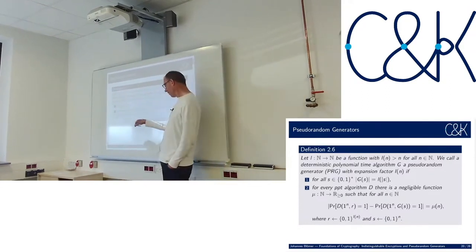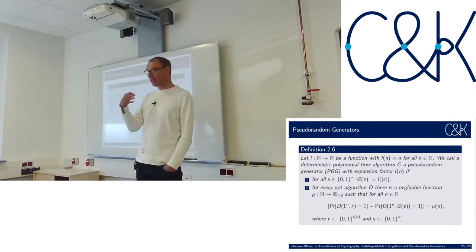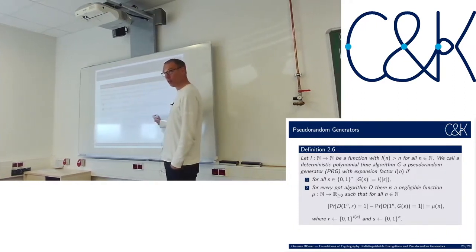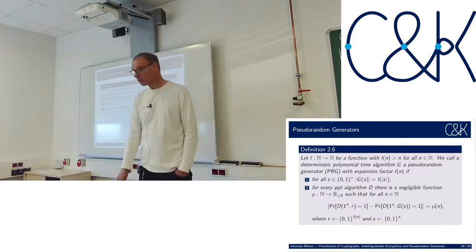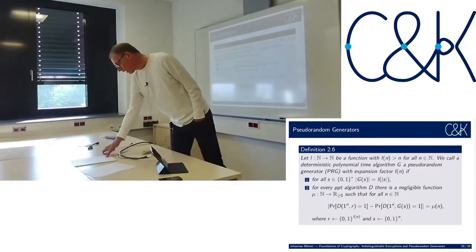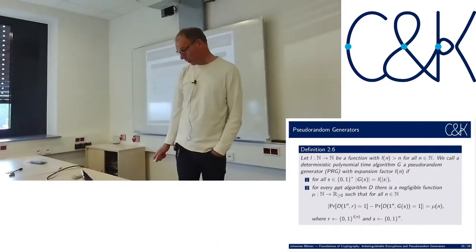How do I prove that something is not a pseudorandom generator? Well, I give you a specific PPT D that violates this condition, for which this difference is significant. You may see that it's really difficult to construct these things.